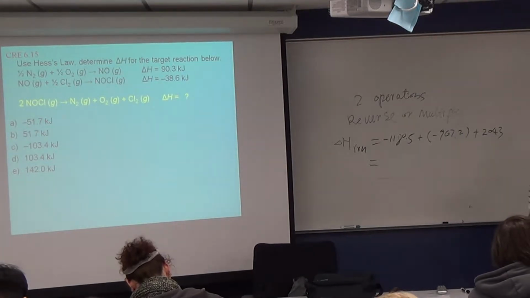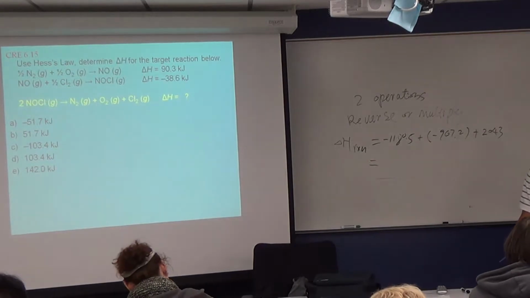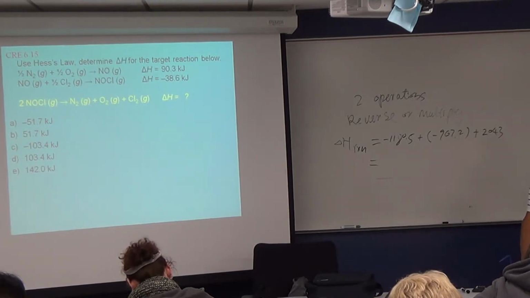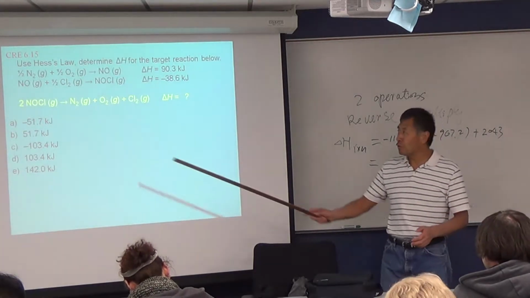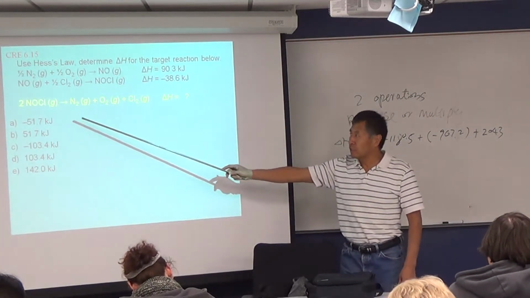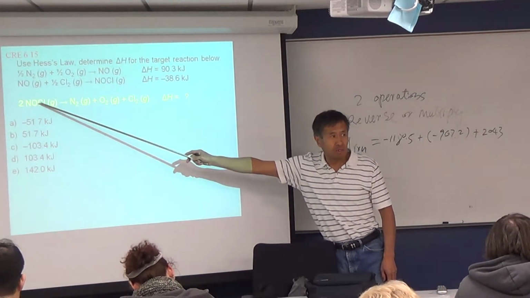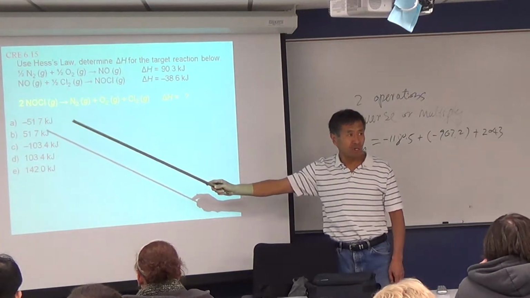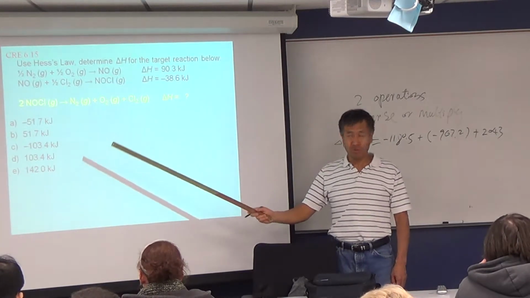Okay, so why did I reverse both of them? Let's see why I reverse the first one. You use those as a guiding line. In the example I told you, you go one by one. You can still do that. If you do that, you will see you need this one. What is this one? This is NOCl, right? You need NOCl. You need how many NOCl? 2.